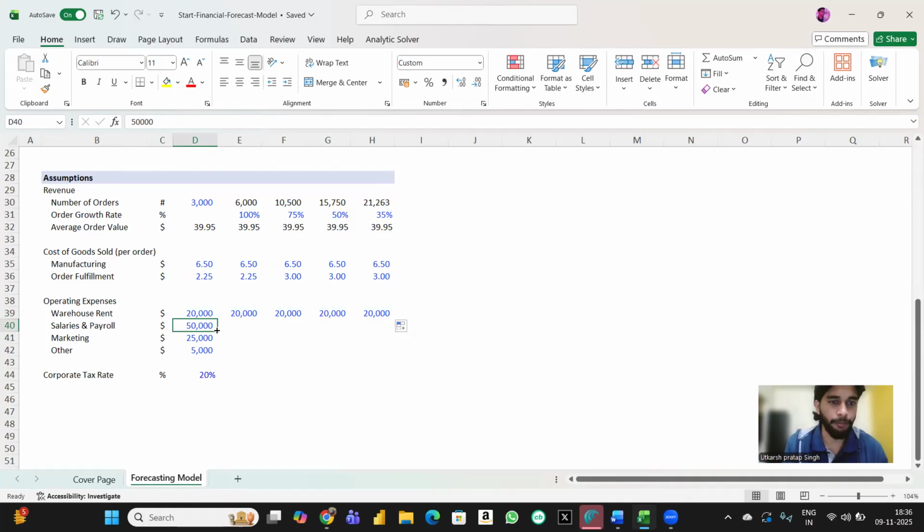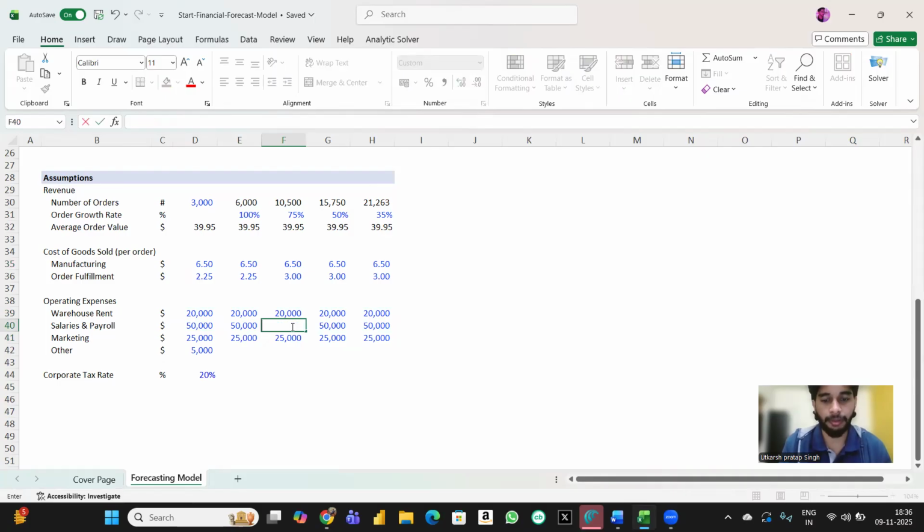Warehouse rent is something you have to pay where you're doing business, which generally doesn't change and remains fixed for a certain period of time. Marketing expenses can change if there are any changes, like the salary of a person changing from 50,000 to double, like 1 lakh.